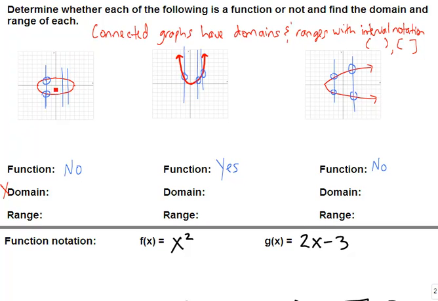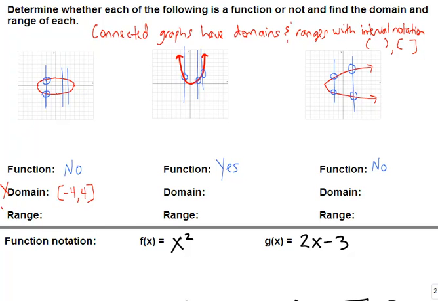So I want to include all the x's in between, since my graph goes through everything, including all the decimals and all the fractions in between. So that's why we're going to use intervals. So this is going to start at -4 and go up to +4. Notice that I'm using brackets because I actually hit -4 and +4 and go through those points.